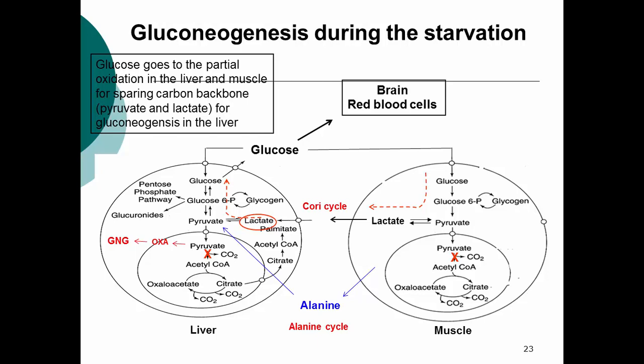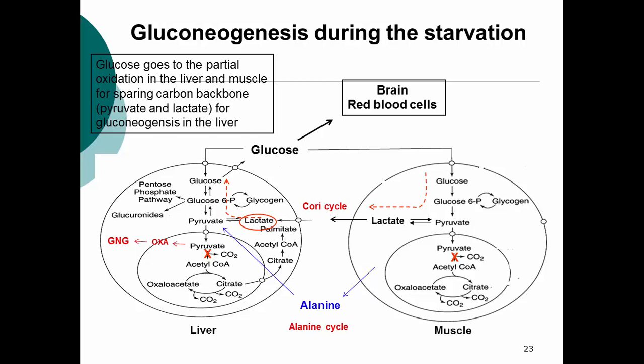Again, it involves the muscle, red blood cells, and the liver for making glucose, and the precursor for gluconeogenesis in the Cori cycle is lactate. The alanine cycle involves 2 tissues, liver and muscle.